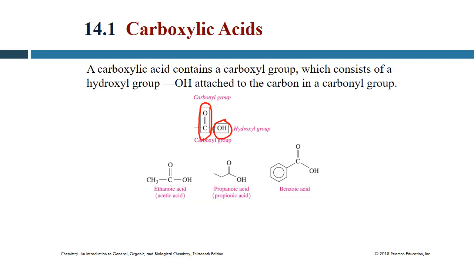So carboxylic acid groups, like aldehydes, have to exist at the end of a chain. And when it comes to their naming, just like we saw with aldehydes, we're going to always number from that acid group. So the carboxylic acid group will always be the 1 carbon, and then we can number out from there.